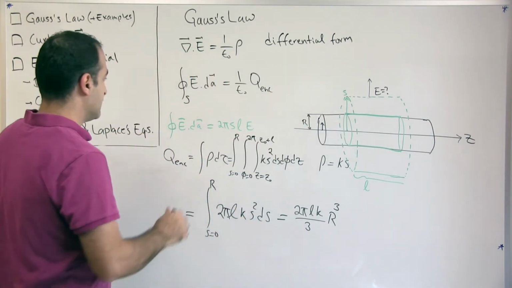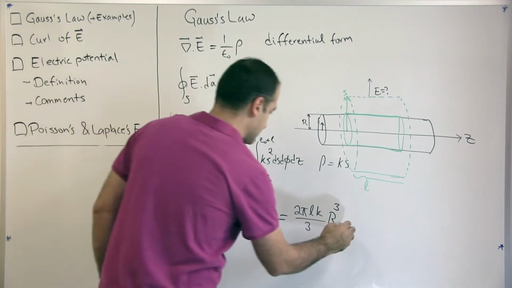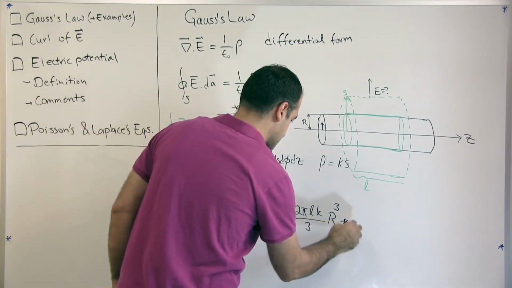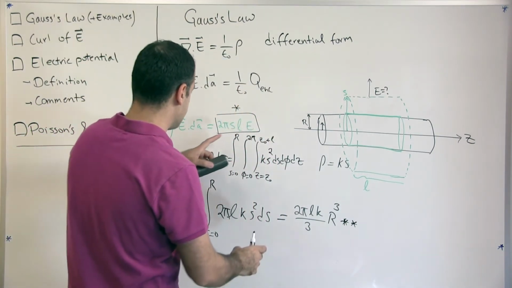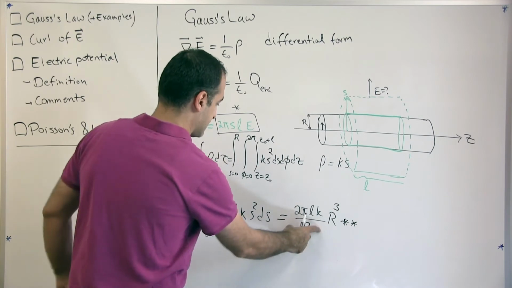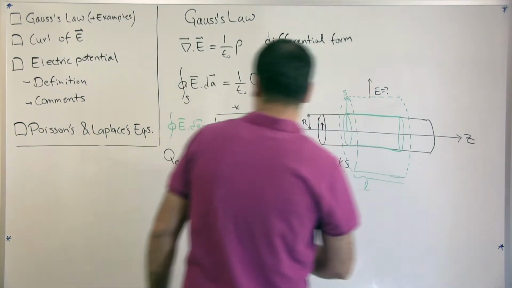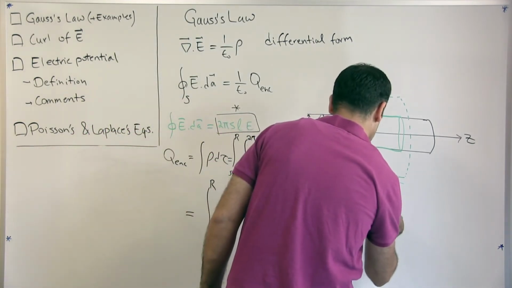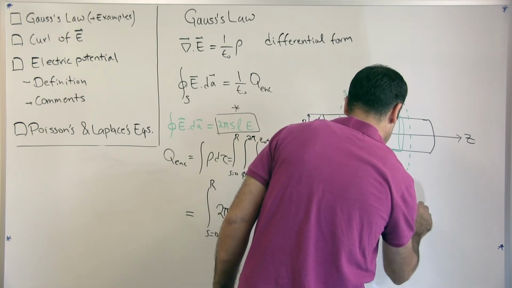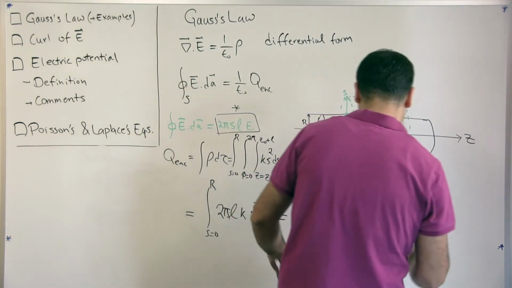So looking at this and this combined, we can write the electric field in terms of S and the enclosed electric charge. So 2 pi S L E should be equal to 1 over epsilon naught times the enclosed charge.